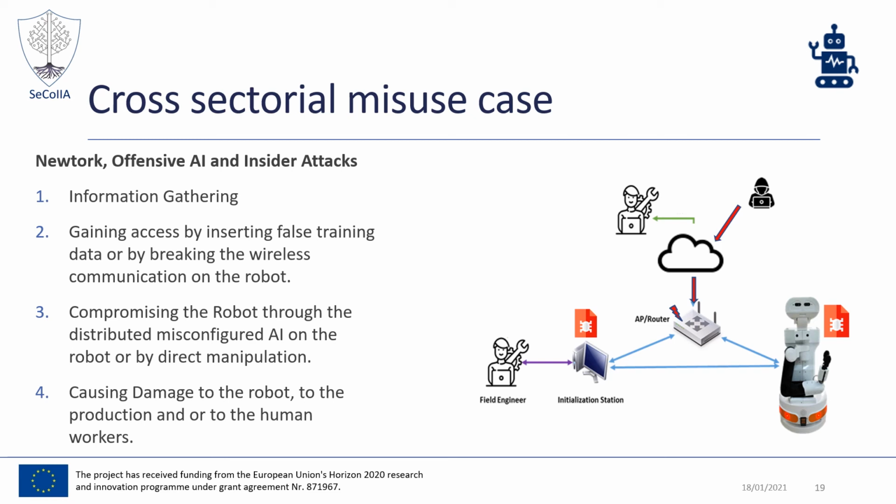And finally, the attacker starts achieving his objectives by causing damage to the robot itself and causing damage to the production line, or even creating some safety issues with the workers within the plant.